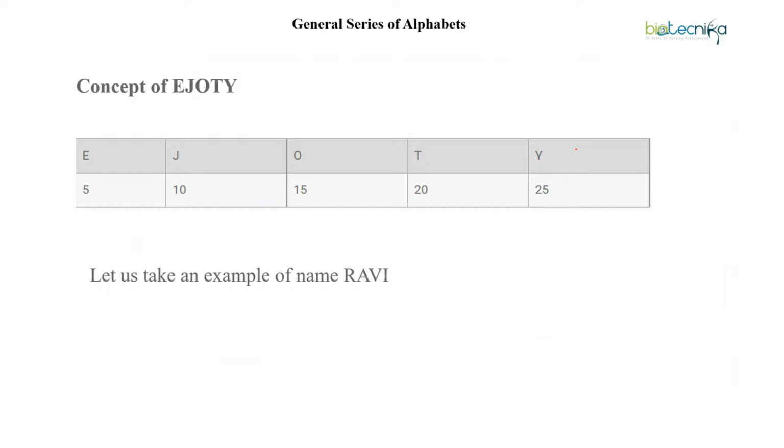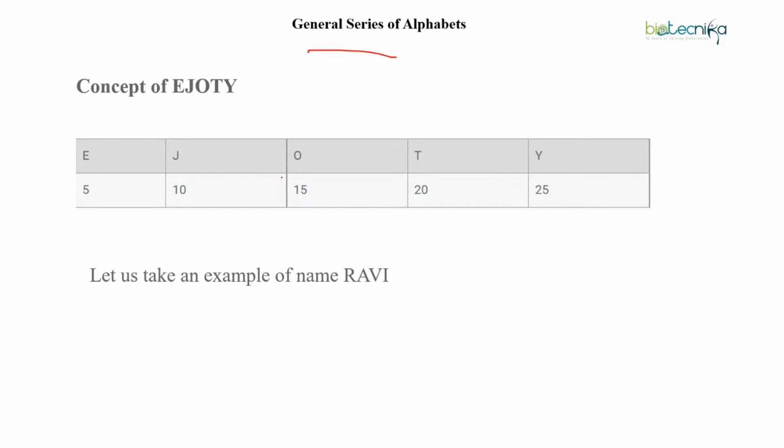Now, it's a different series altogether apart from numbers. So this is the series of alphabets. Now we are coming to alphabets. Alphabets में how to solve the questions which come on alphabets.